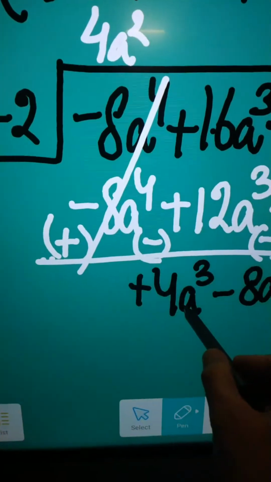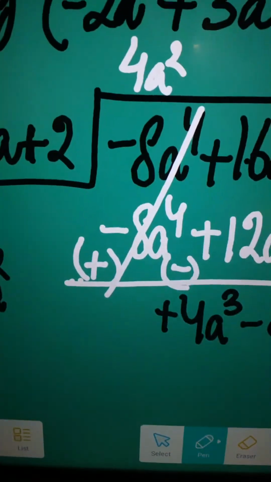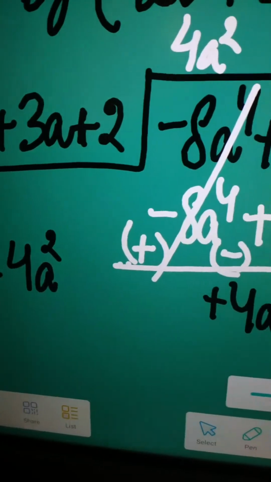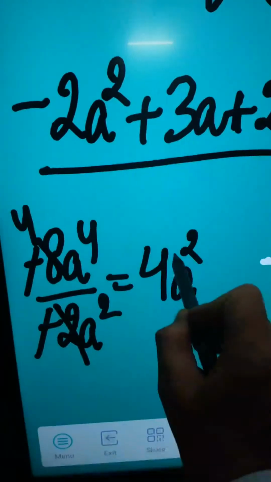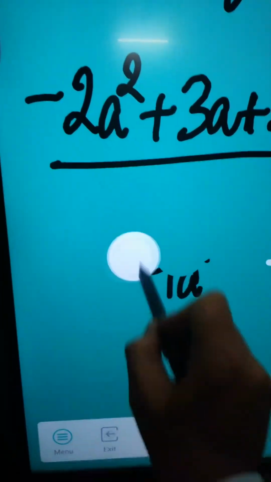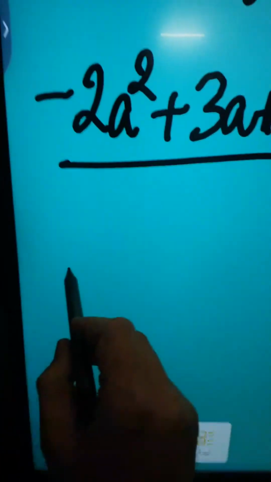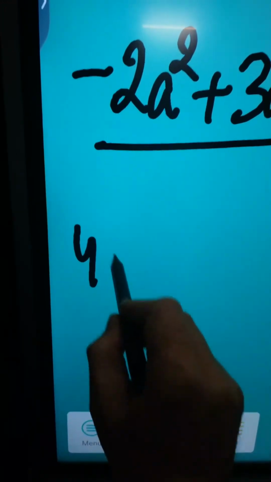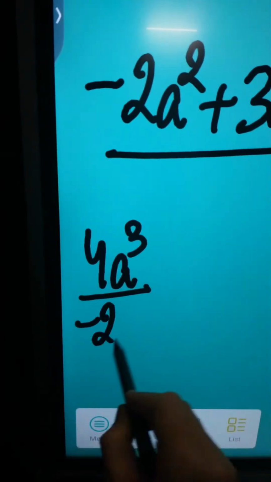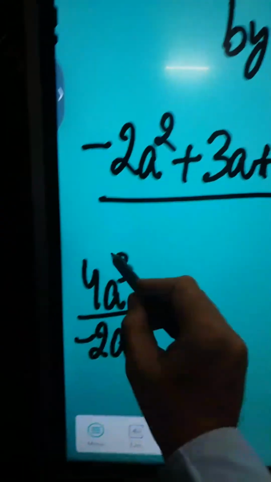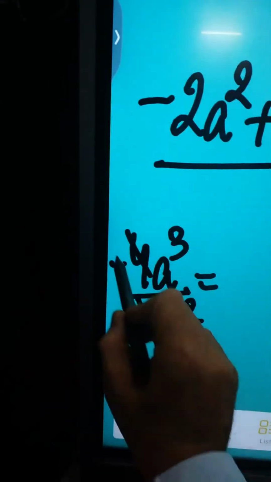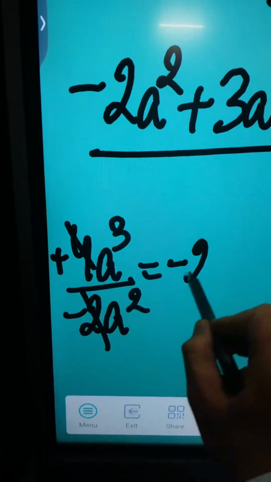So when you divide 4a cube, let's see what you get. Now 4a cube, it is plus sign, divided by minus 2a square, because I want to see what I should write at the top. There is minus sign, this is plus sign, so it will be minus 2.